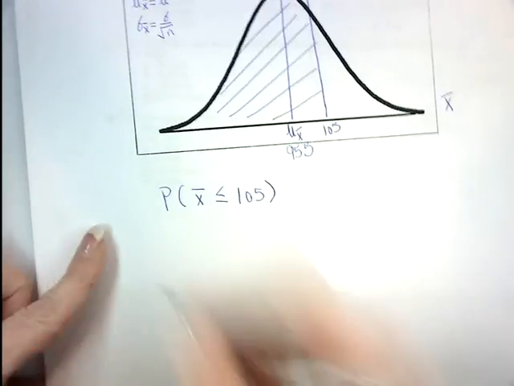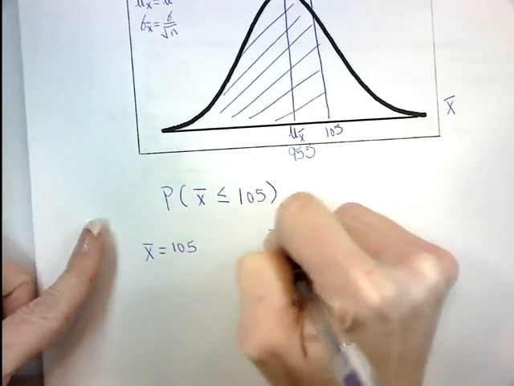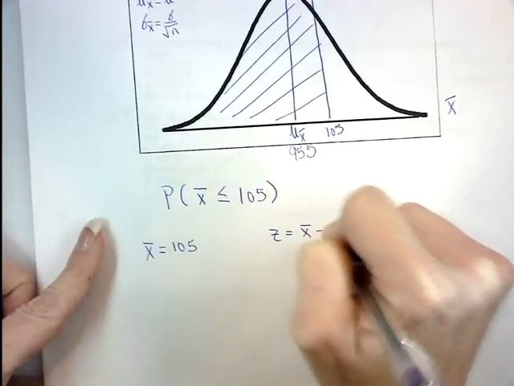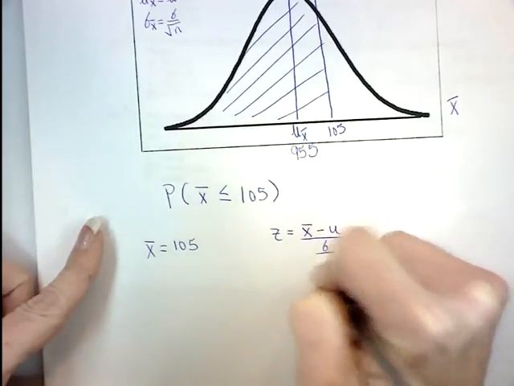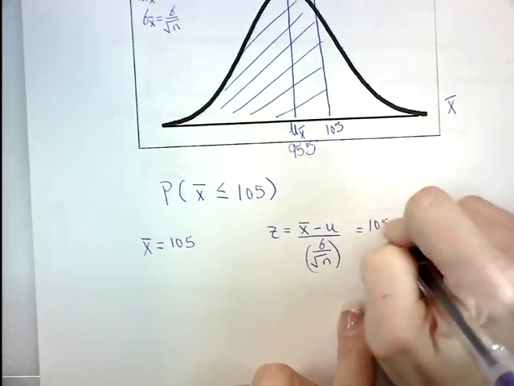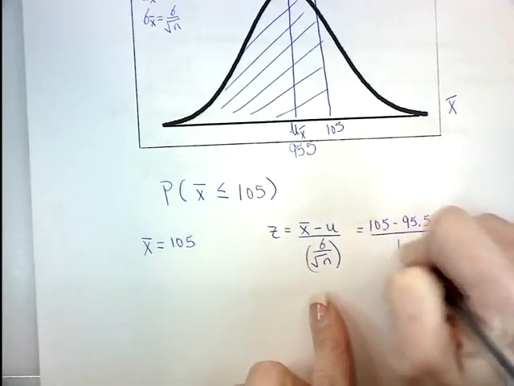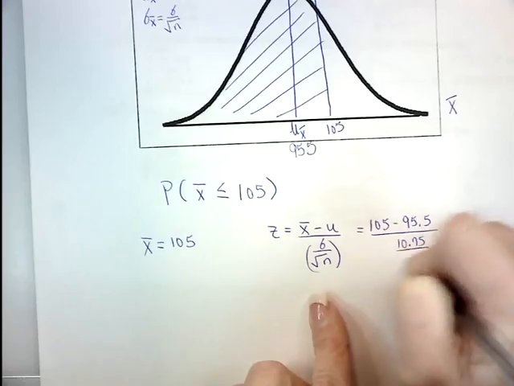At most 105. So, X bar is 105, and we want to find its corresponding z-score. Here is the z-score formula in section 6.3. And that's going to be 105 minus 95.5 divided by the standard error of the mean, 10.75 divided by the square root of 8.